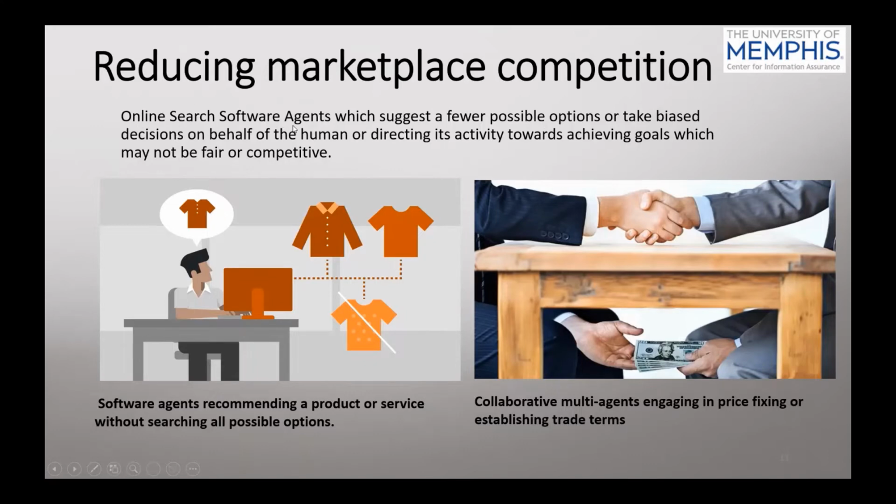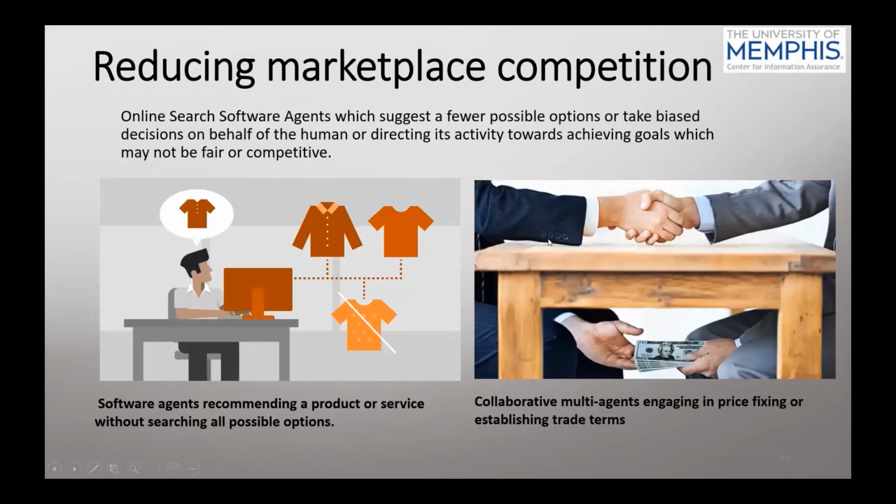If the search algorithm doesn't show all possible dresses that they can choose from, for example, this is not shown, then it is showing a suboptimal solution which becomes non-competitive, and the customer is at a disadvantage. So basically, software agents are recommending a product or service without searching all possible options, or even if found, are not showing it to the customer.